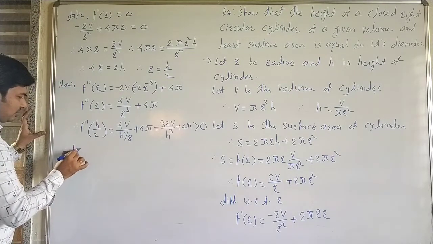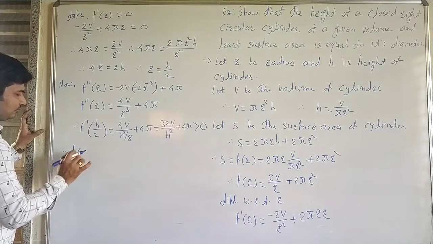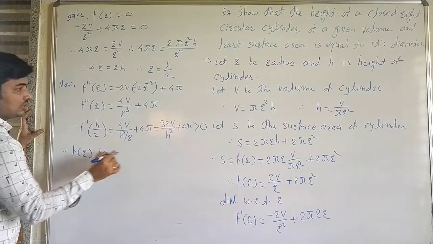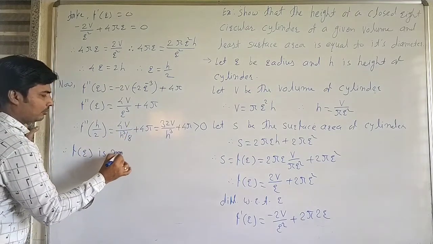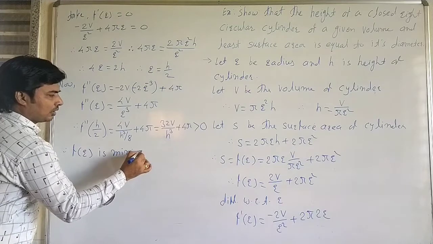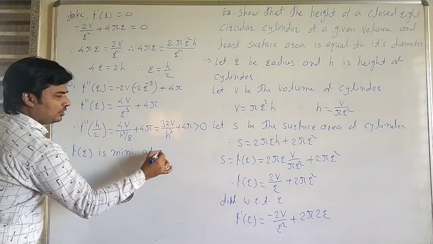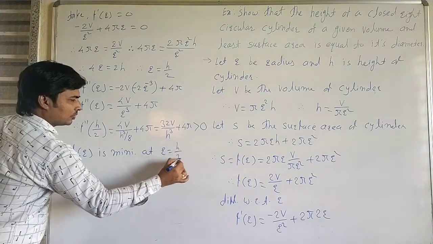Therefore f of r is greater than 0, so it is minimum at r is equal to h by 2.